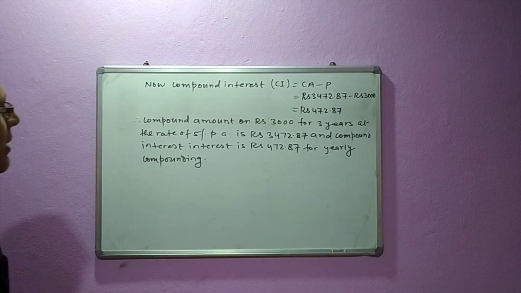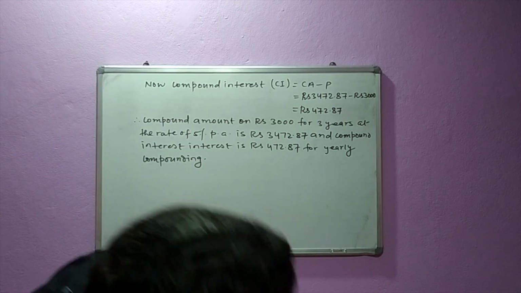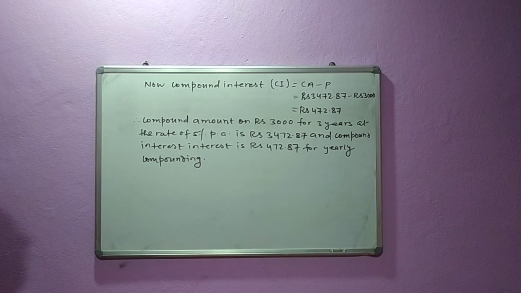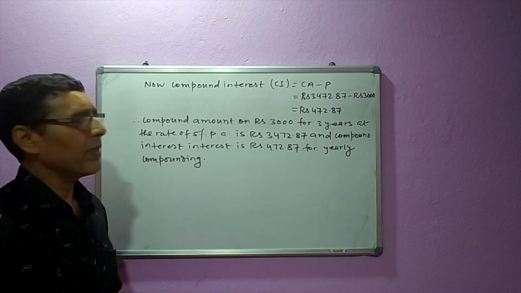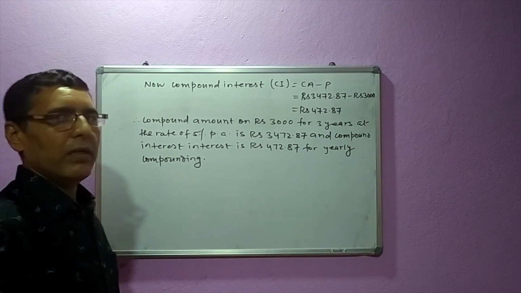So in this way we can calculate the compound amount and compound interest on the given sum for the given time at the given rate of interest for yearly compounding.